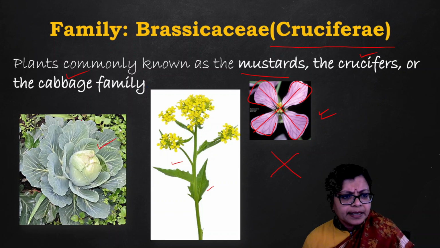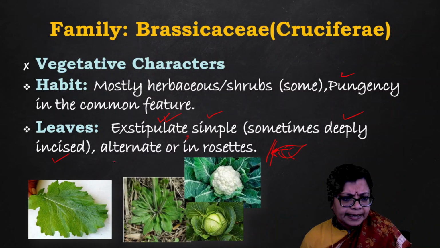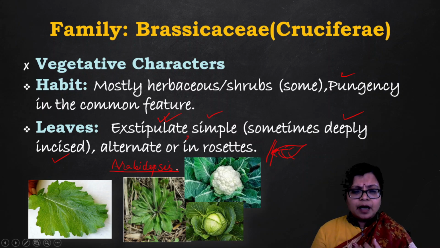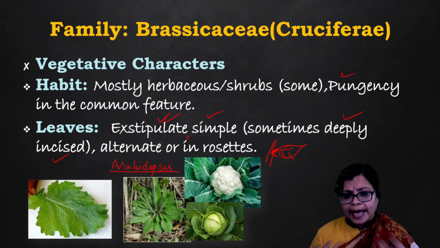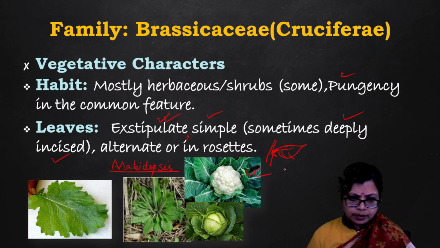For example, cabbage, they are arranged in a rosette manner. Another example, Arabidopsis. Here the leaves are arranged in a rosette manner and they develop from the base of the stem, and also in cauliflower.